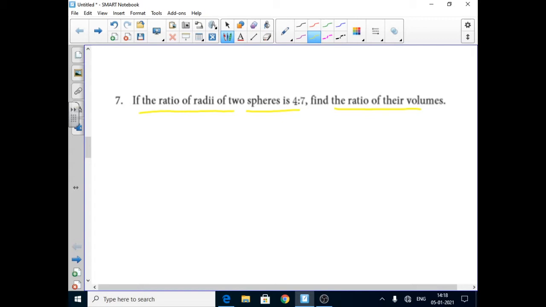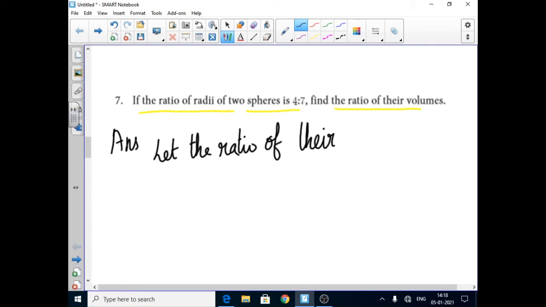So volume of sphere formula here we should know, 4/3 pi r cube. Okay, so we should write here, let the ratio of their radii be R1 is to R2.